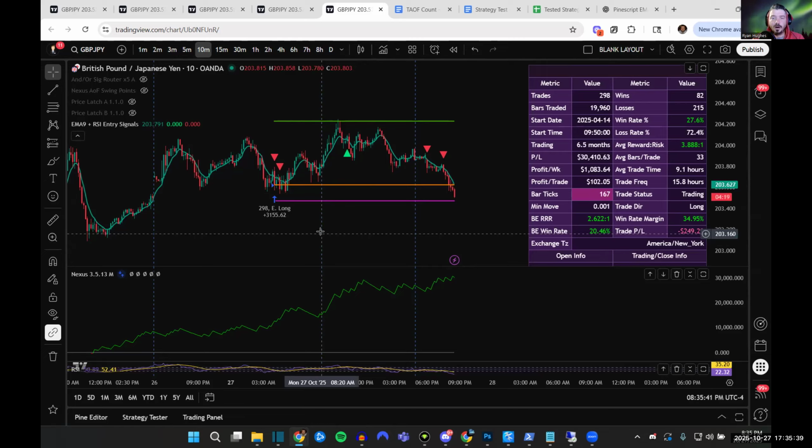You know, if you were to build a more complex strategy where you're doing multiple EMA crosses and you want things to do this and you want things to do that, ChatGPT is going to struggle with it.